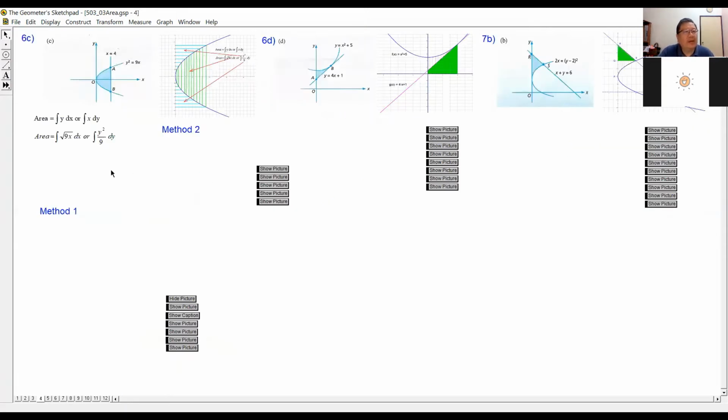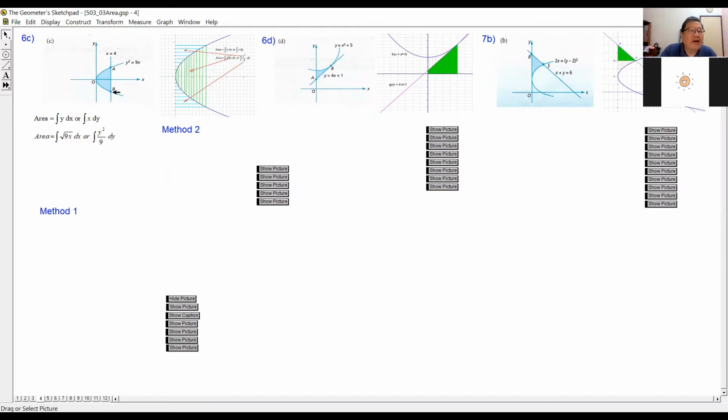Now before we start to integrate, we must know the upper limit and the lower limit. That is, on the x-axis, from which x and from a until b. What are the values of a and b?